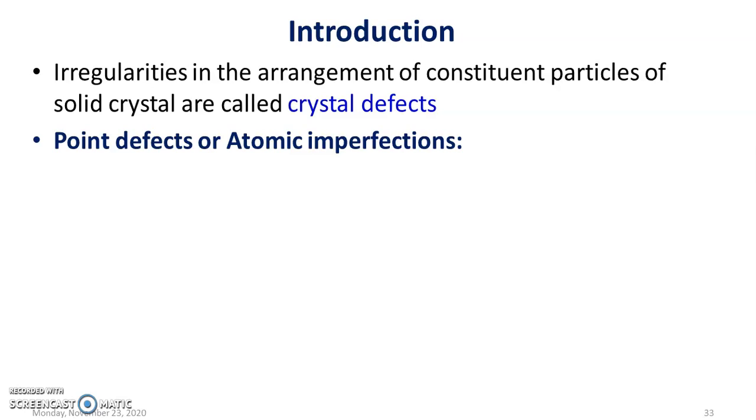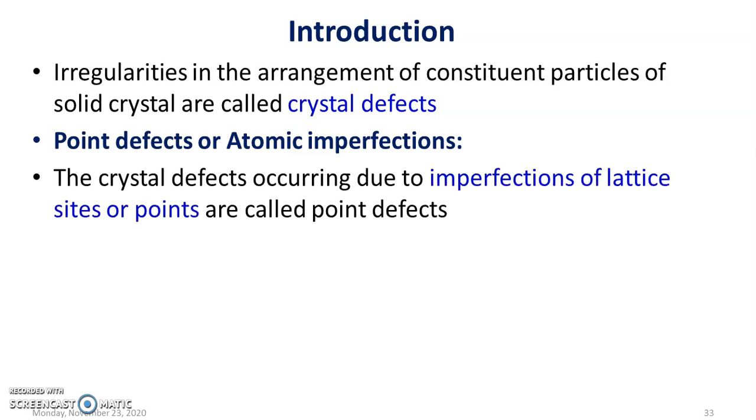And in this video we are going to focus on the point defects or atomic imperfections. The crystal defect that occurs due to imperfections of lattice sites or points is called a point defect.